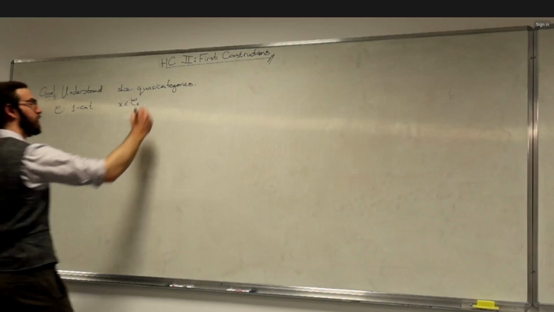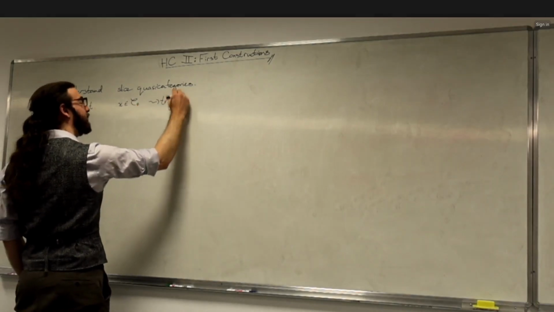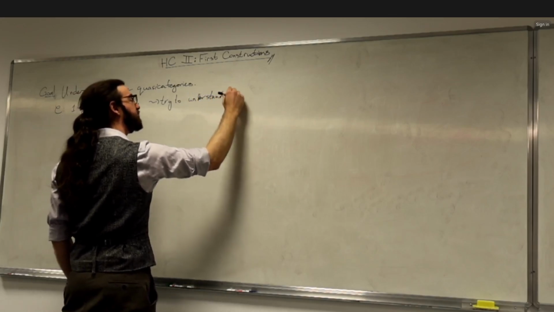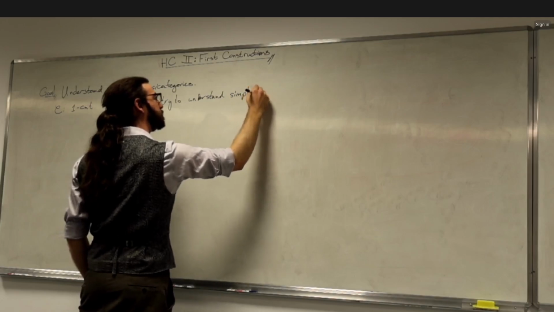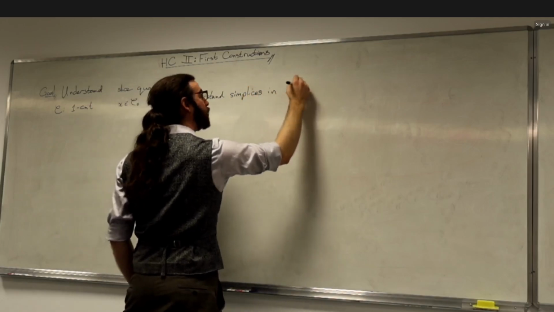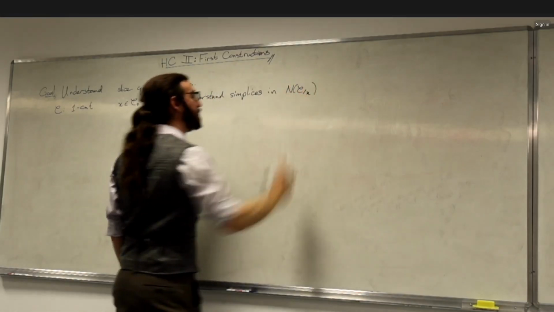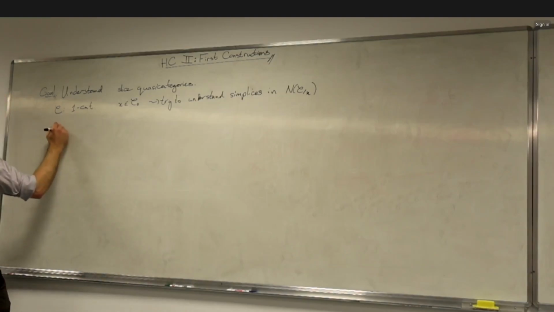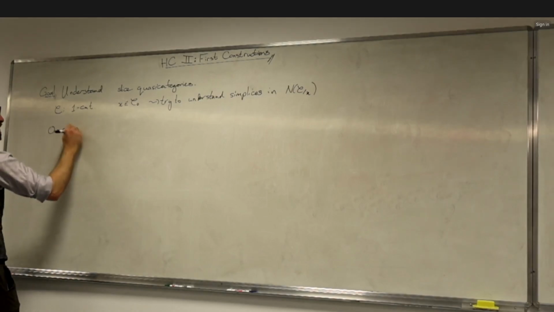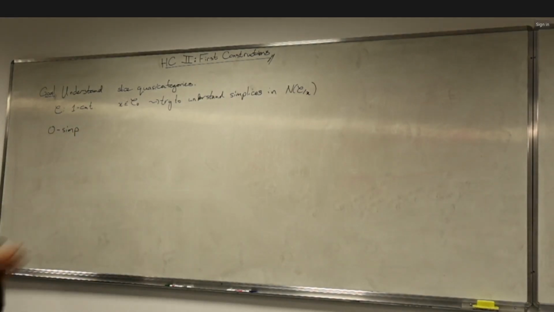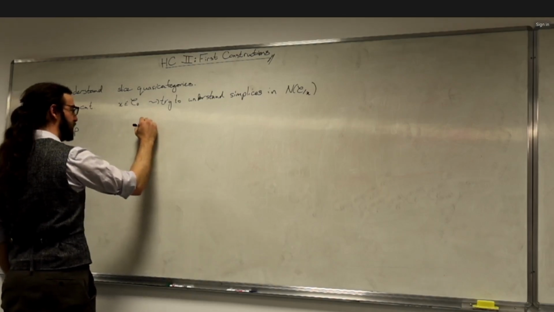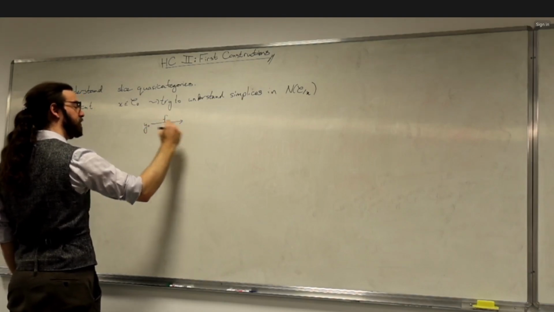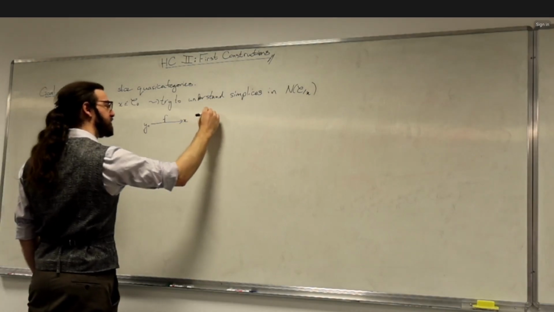We want to try to understand simplices in the nerve of the slice of C over X. Fortunately, we can just write these down. A zero simplex in the slice is just the same thing as some object y and some morphism y naught to x in C.